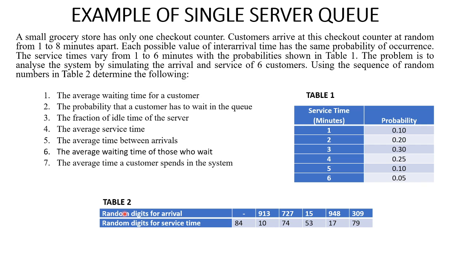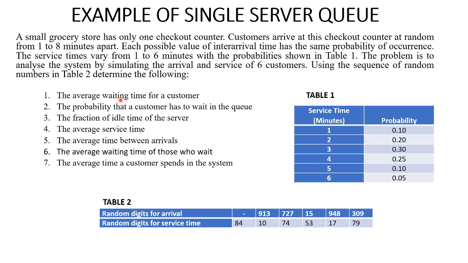So we have random numbers for arrival and then that for service time. We have to determine the average waiting time for a customer. So as a customer enters the system, what is the average waiting time per this information that we have here? The probability that a customer has to wait in the queue.